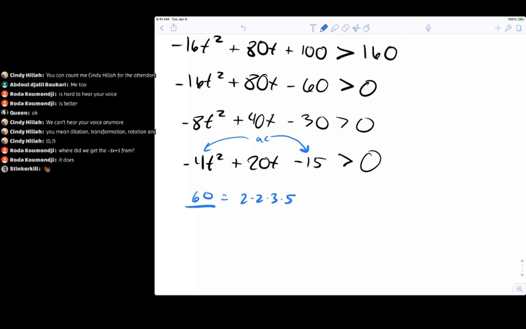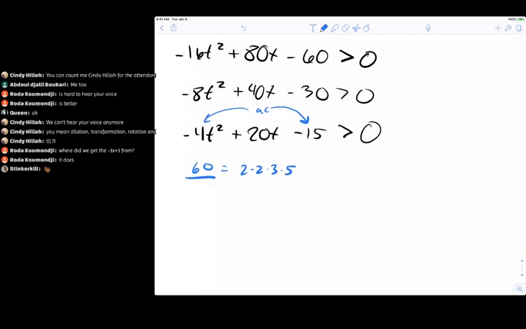So two numbers that multiply to give us positive 60 and add to give us 20. We're just going to go through the list. So 1 and 60, but that adds up to 61, so that's no good. We can do 2 and 30, and it adds up to 32, so that's no good. We can do 3 and 20, that adds up to 23, so that's no good. Can we do 4?